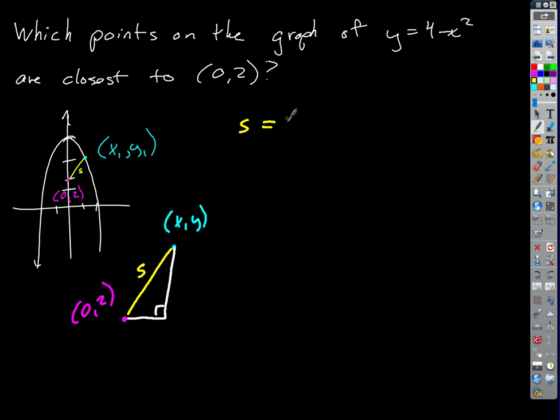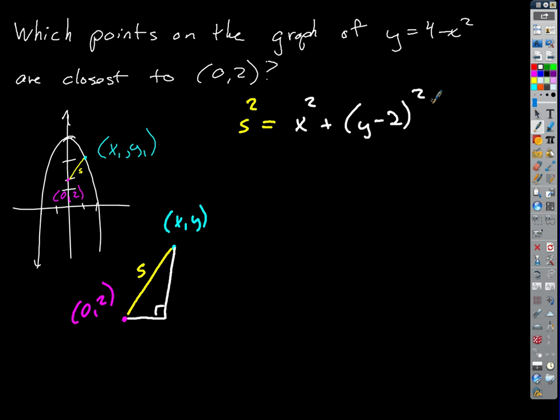You'll see this is a good example where you don't want to use it. So what's the change in x? x minus 0, so that's just x squared. How about the change in y? y minus 2. Everybody see that?